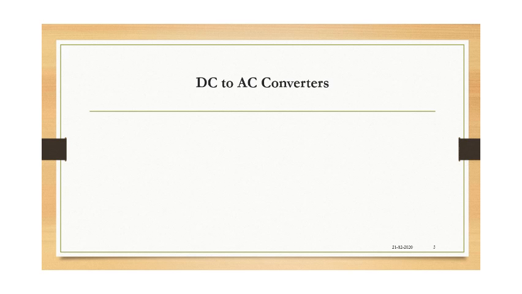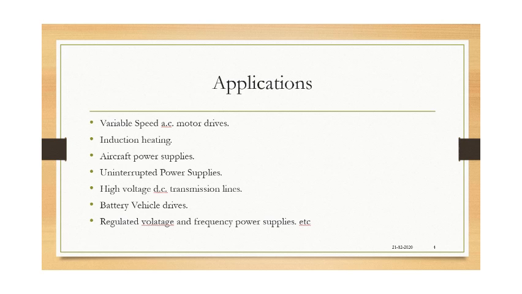Okay. So popular applications where you can imagine these inverters come into picture are as listed here: variable speed AC motor drives, induction heating, or aircraft power supplies. Obviously you cannot go for an AC socket there, so you will need a battery to power up the aircraft.